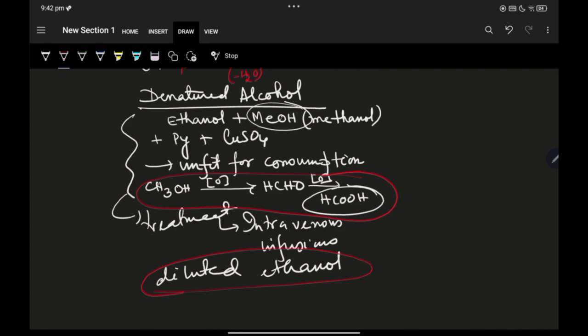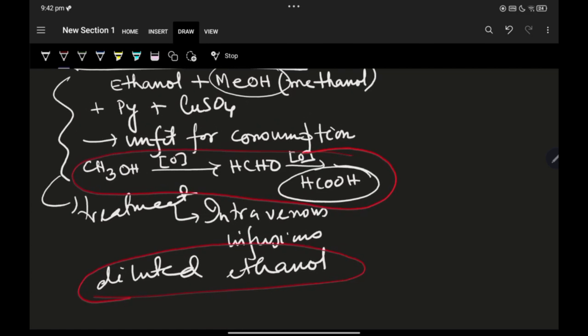Now the enzyme that is responsible for the oxidation step of methanol to the acid becomes inactive, and your kidney can remove the methanol that you had consumed.